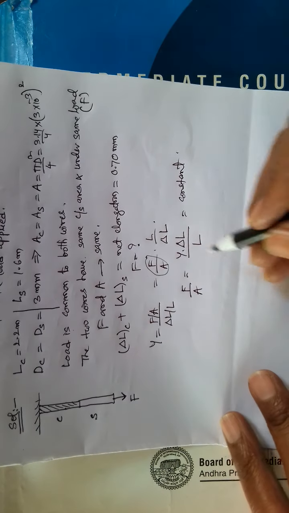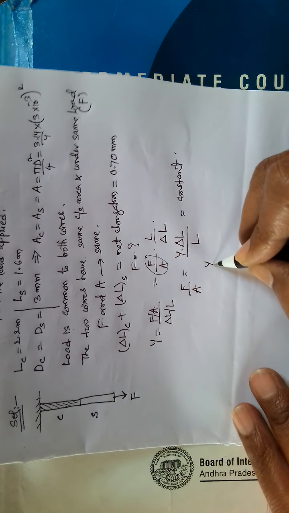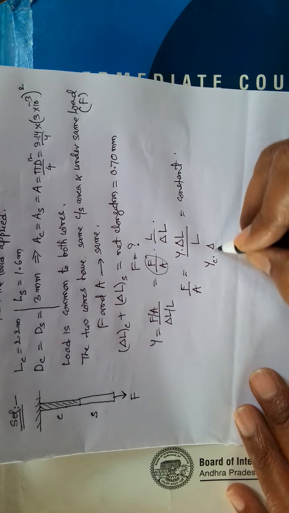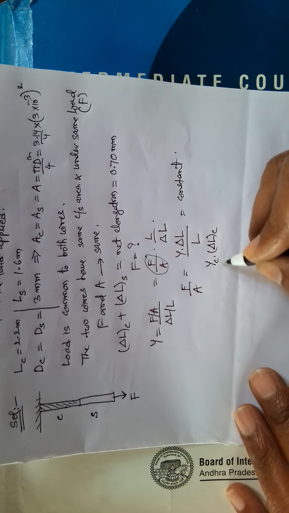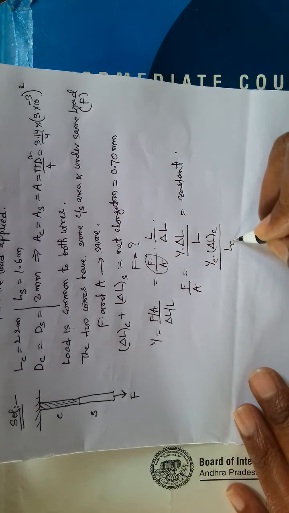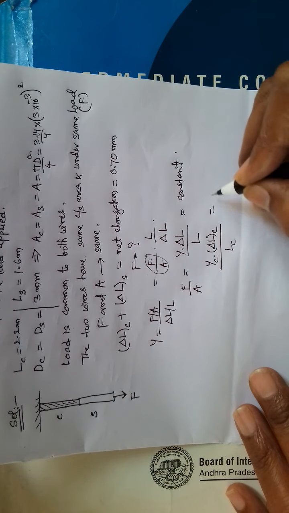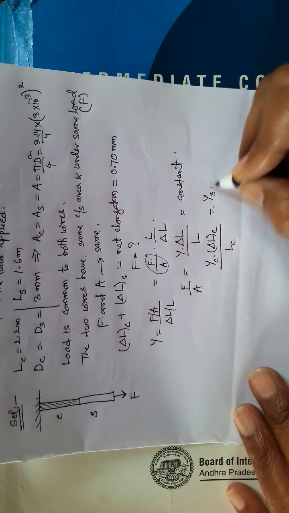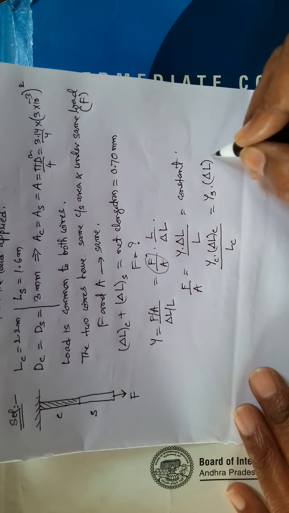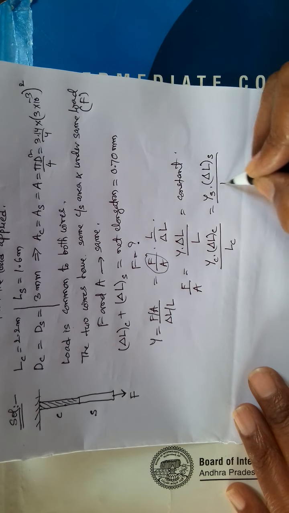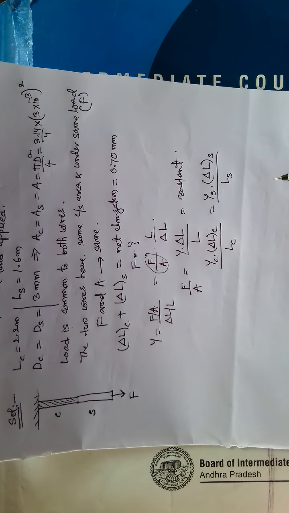So Yc delta Lc by Lc is equal to Ys delta Ls by Ls.